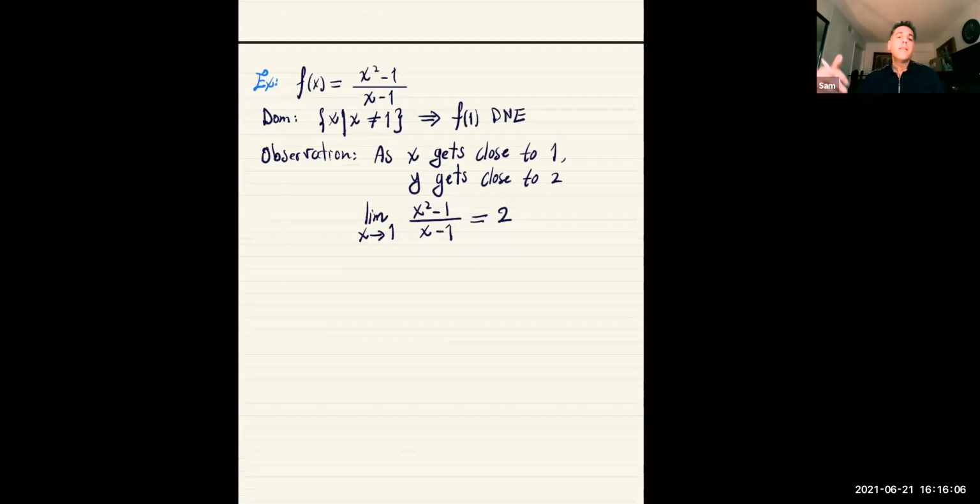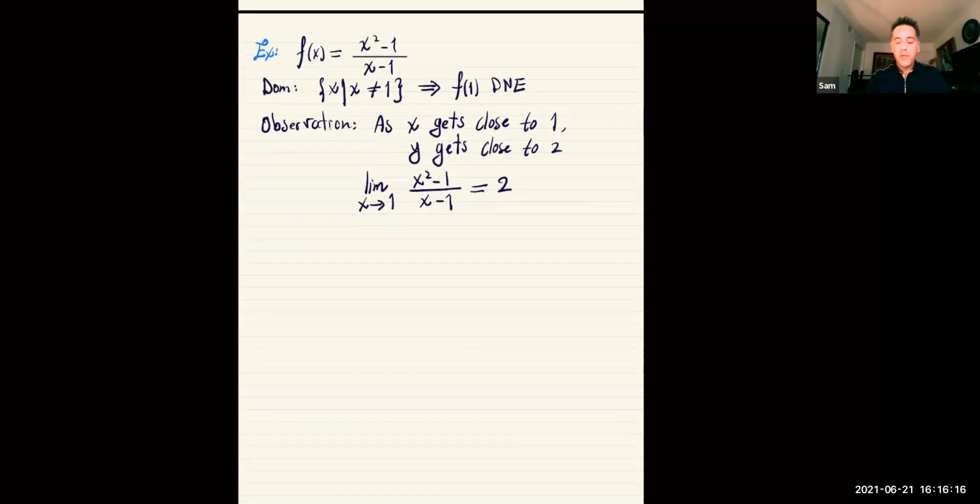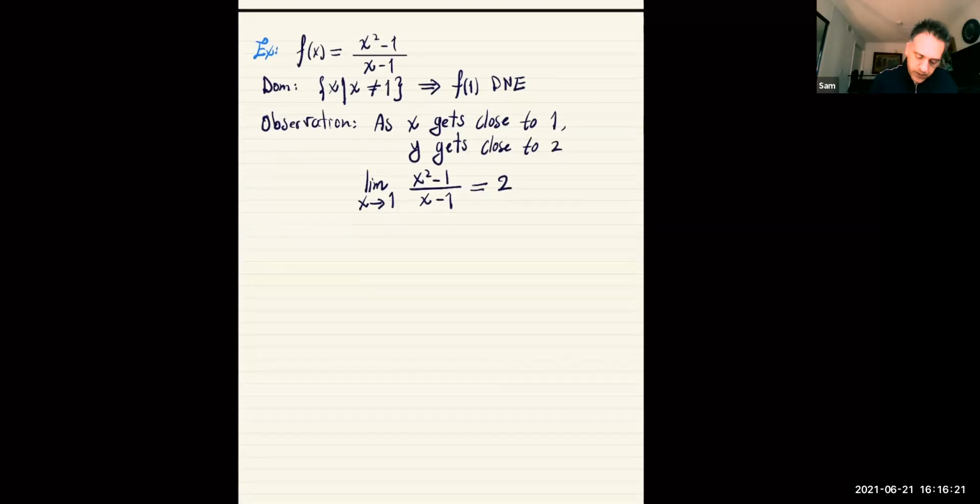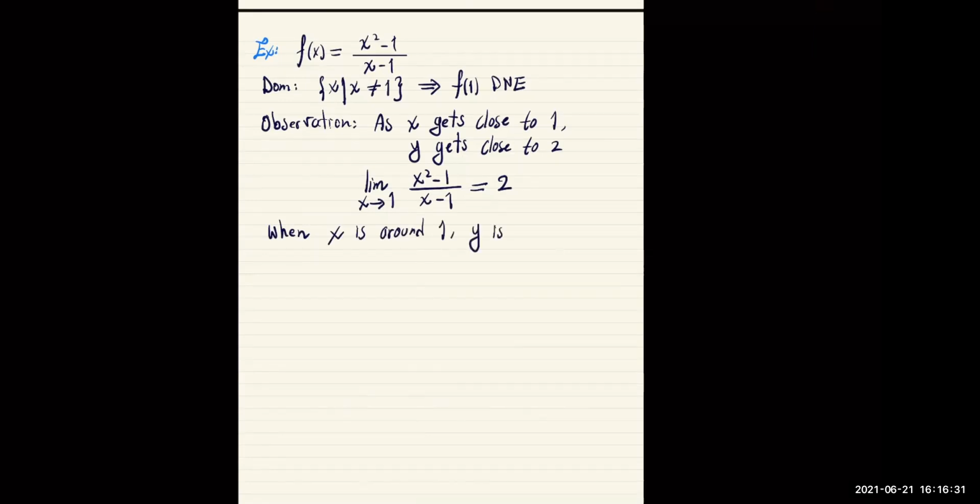Okay, so again, I am not able to take 1 and stick it into the function because I get division by 0 and that's undefined, but when x is around 1, y is around 2. Around 2.